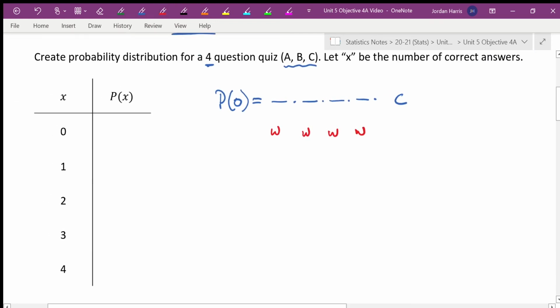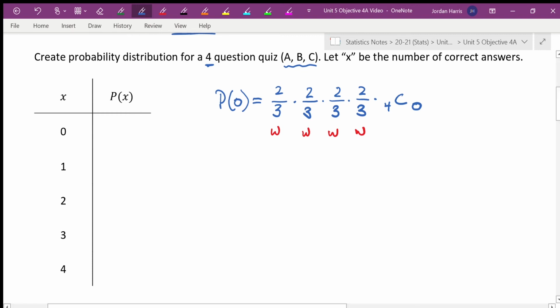Well, I have 3 answer choices, so 2 out of the 3 answers should be wrong. And then I have 4 questions, and I have defined 0 correct. So I've defined all of them to be not correct, basically. So none of them to be correct.